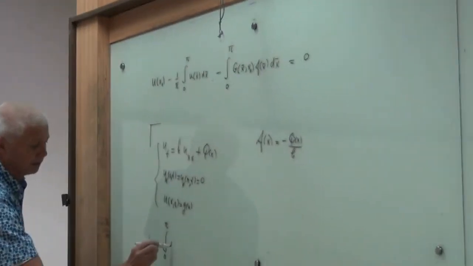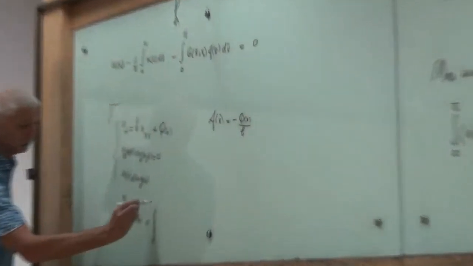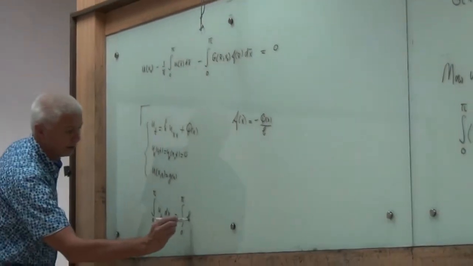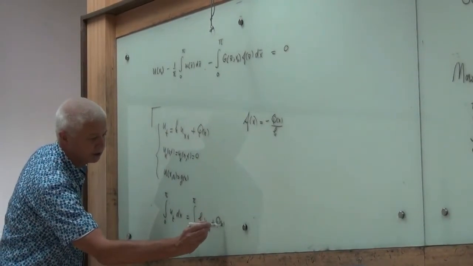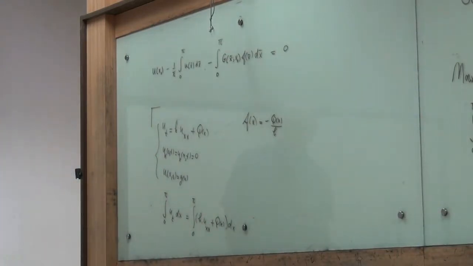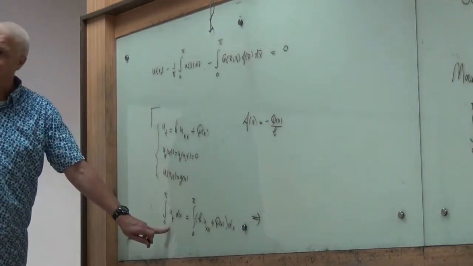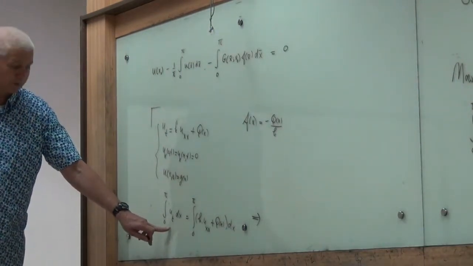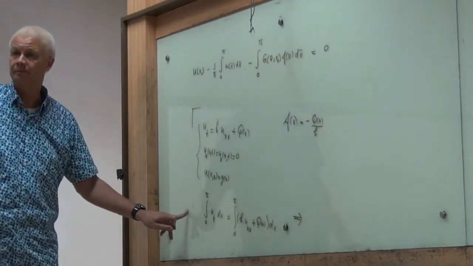Then you get the integral from 0 to pi of u_t dx is equal to the integral from 0 to pi of k u_xx plus q(x) dx. Here I integrate with respect to x. This is differentiation with respect to time, so I can take out the time derivative.